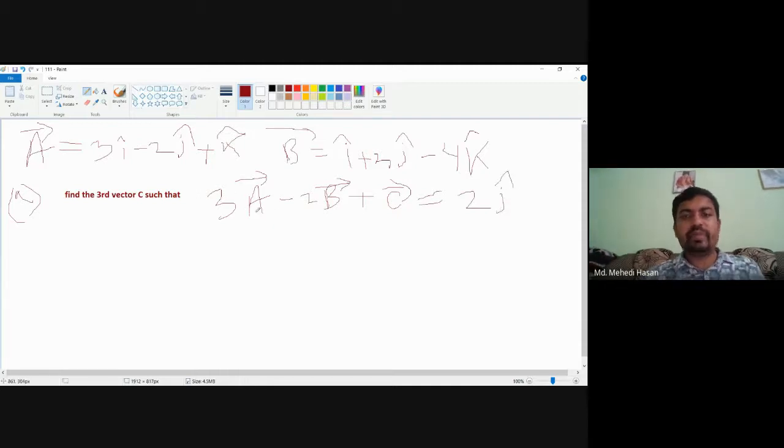So 3A minus 2B plus C equal to 2j. So this is the first question, question number A.